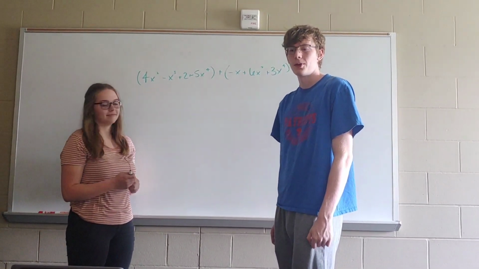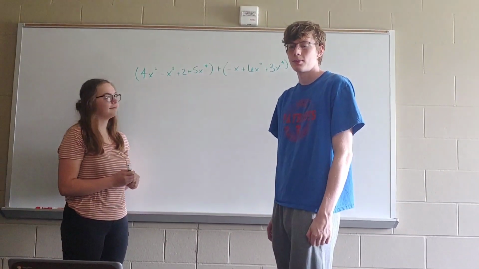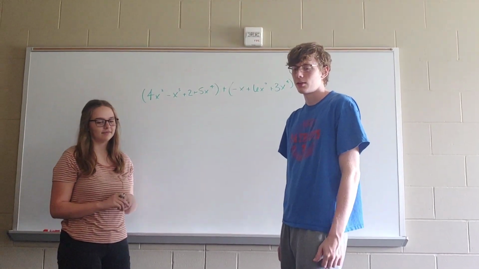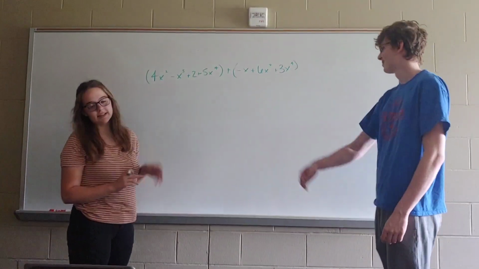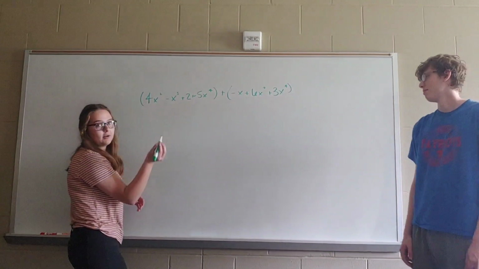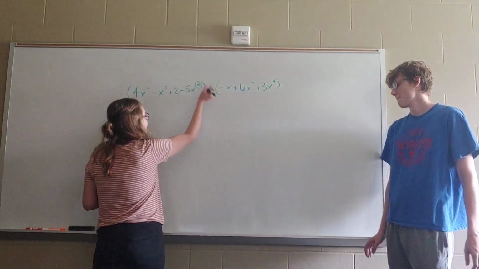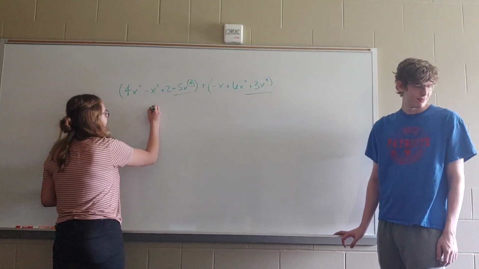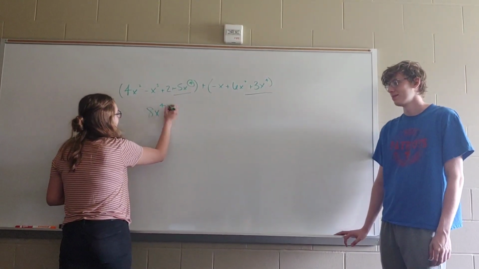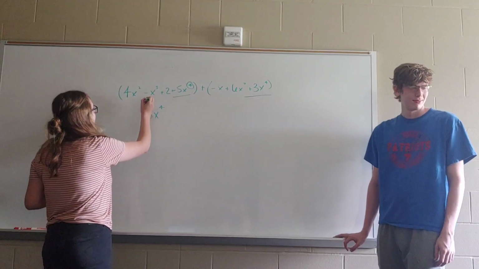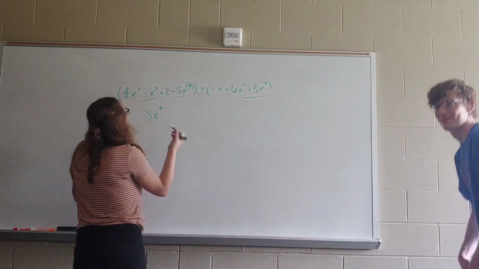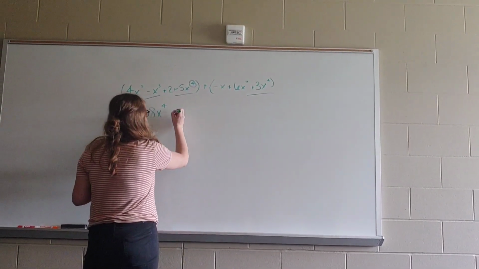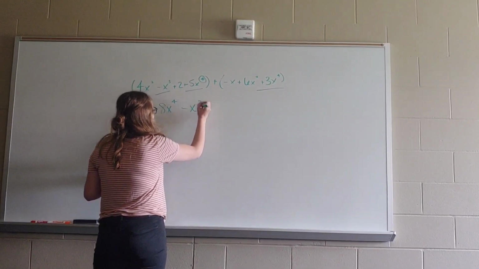To add polynomials, you combine like terms. You should write in standard form as well. For this example, you're going to want to start with the highest degree, and in this case it's to the 4th power. So you add those together and get 8x to the 4th. Then you move on to the next one, which is to the 3rd power. There's no more, so you just keep that one as it is.